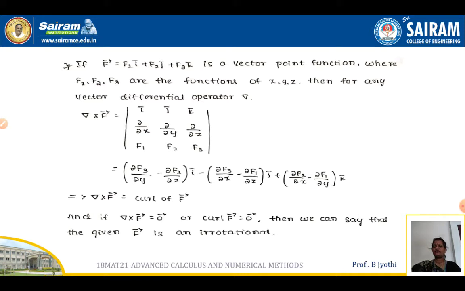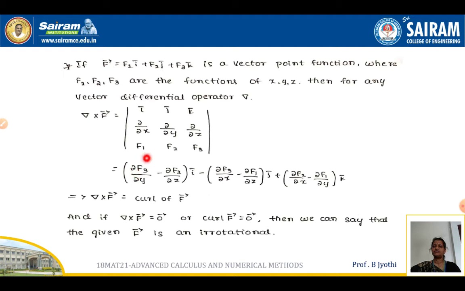Next, if f is f1 i plus f2 j plus f3 k, a vector point function where f1, f2, f3 are functions of x, y, z, then for the vector differential operator we take del cross f. Previously we defined del dot f, which is div f, and when it is 0 it is called solenoidal. Now we are taking the cross product, that is nothing but the curl of f, given by the determinant with i, j, k in the first row, dou by dou x, dou by dou y, dou by dou z in the second row, and the third row f1, f2 and f3.